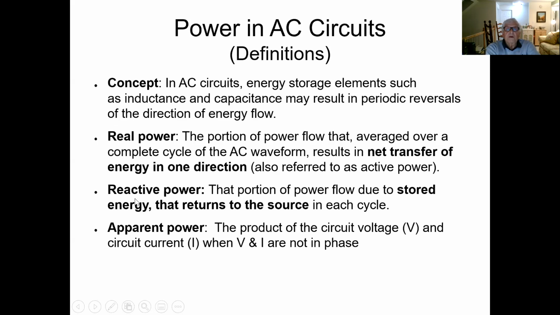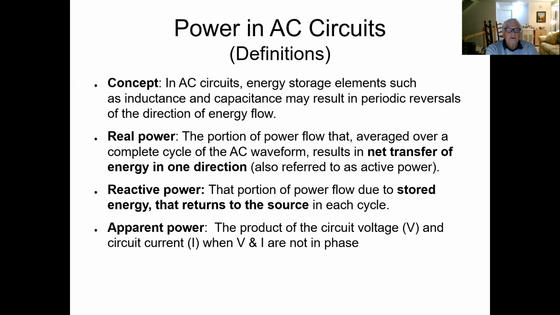So in power, in an AC circuit, stored energy elements, such as capacitors and inductors, result in periodic reversals, and the direction of the energy flow is changing.